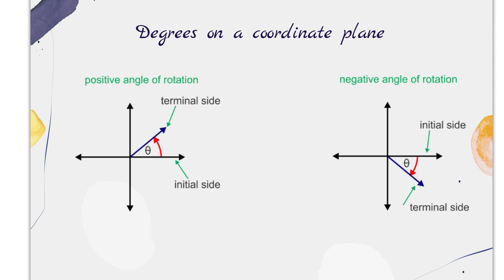So remember, a coordinate plane basically has an x-axis and a y-axis, okay? And we sort of use 0, 0, the origin, as our vertex, okay?